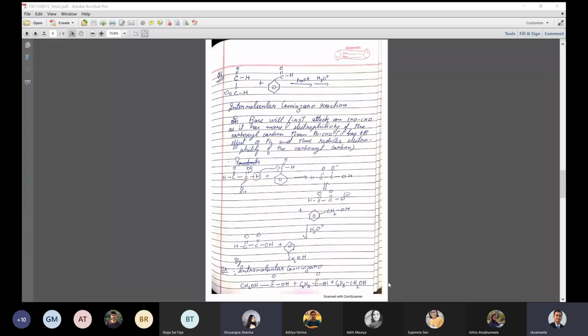Sir, it is written there below. Intermolecular Cannizzaro reaction. Yes, sir. Below, I have mentioned the one in which intramolecular is taking place. Okay, for the intermolecular product, this is the one, but you also have that possibility, no? Sir, I have also written the intramolecular product of glyoxal. You have written? Okay, then it's fine.